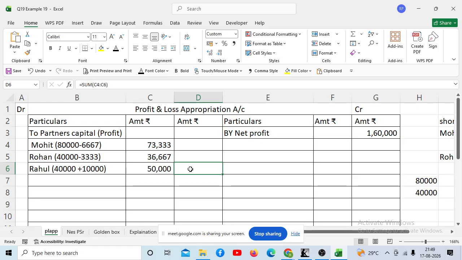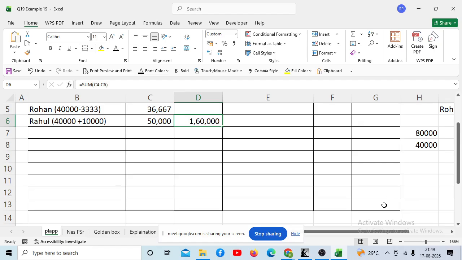What is the total coming? Is it 1 lakh 60? Yes, 1,60,000. Okay, so this is the concept of minimum guarantee. Mostly all the concepts are over.